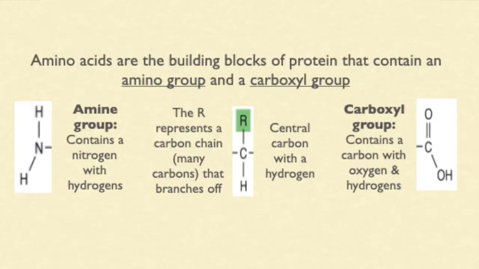That's the other direction. But let's take a look at the amino acids. So we have the amine group, and that focuses on nitrogen. Nitrogen, two hydrogens. We have a carbon with a hydrogen, and then that R represents a carbon chain, many carbons. And then we have the carboxyl group, the C double bond O, OH.